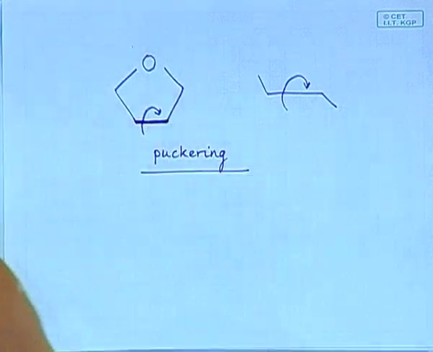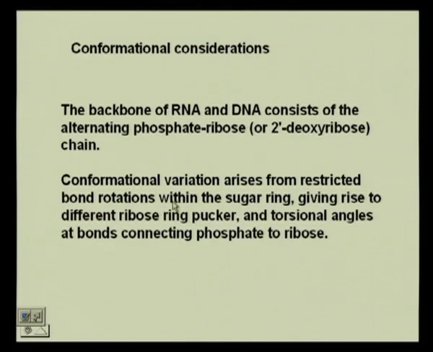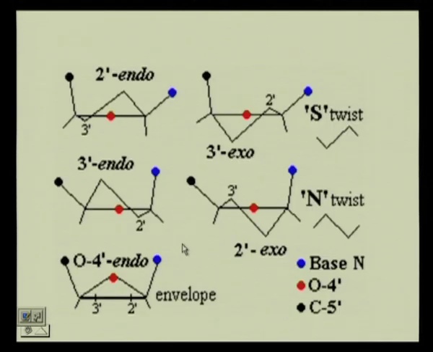So, we have restricted bond rotations within the sugar ring because we have a ring system. We are not free to rotate all through. This gives rise to different ribose ring pucker and torsional angles at bonds that connect the phosphate to the ribose. Now, let us see what we mean by that.